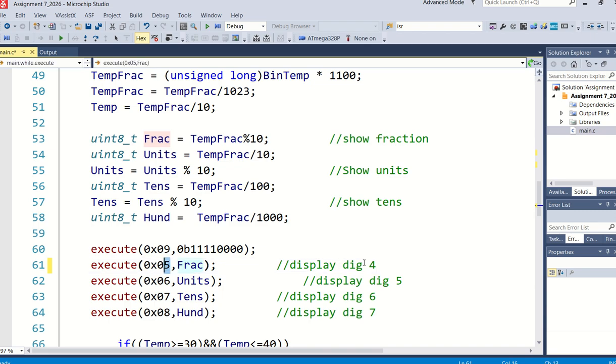The display physically starts at 0 going up to 7, but what we put down here is actually 1 more than the actual display. So in other words, on digit number 4, I will display the frac.